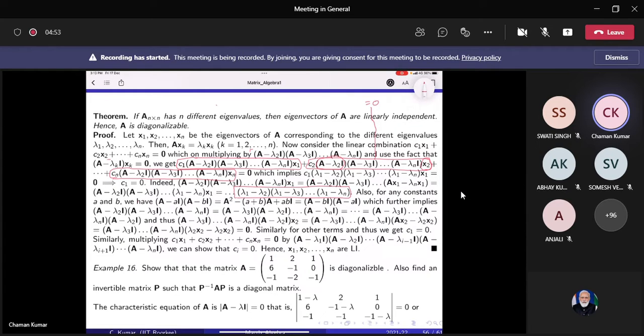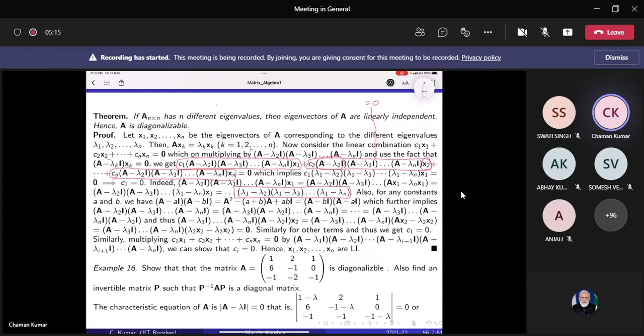So therefore, we can say that C1 times (lambda 1 minus lambda 2) times (lambda 1 minus lambda 3) times dot dot dot times (lambda 1 minus lambda n) is equal to 0.